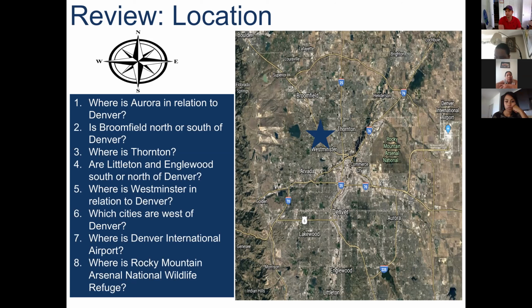Sarai, where's Thornton? North of Denver. Good. Are Littleton and Inglewood south or north of Denver, Danya? South of Denver. Good.